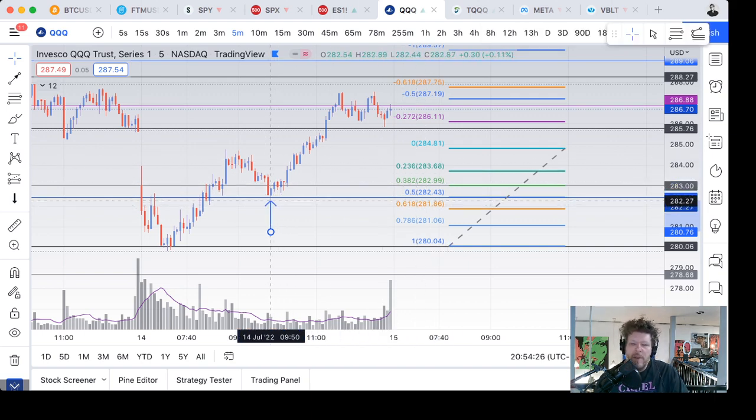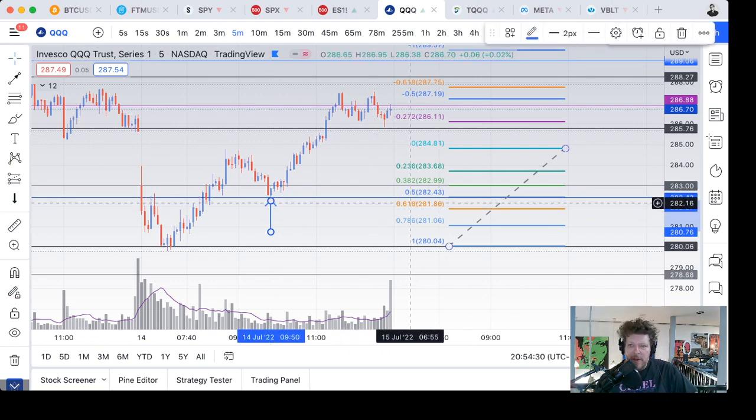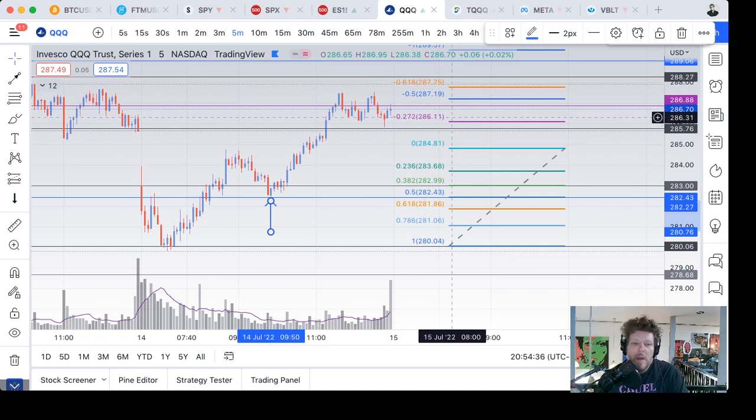But my favorite by far is the 0.618, because once I get a 0.618, it almost guarantees that I get a 1.618. It certainly guarantees I get a 1.272. The significance of 1.272, I wrote this down: it's the square root of 1.618.